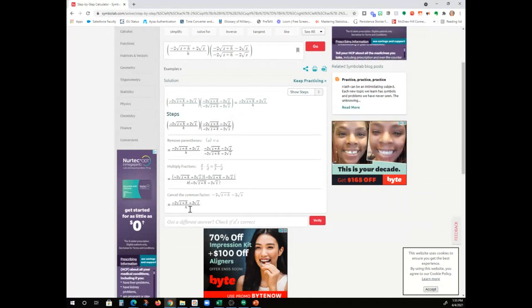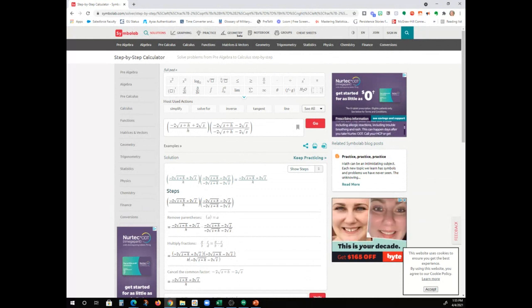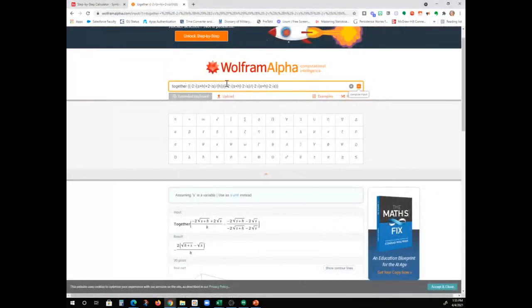That's why it's giving us back the same thing we started with on the left. I'm like, that is not right. I know that's not right. I don't know why it is doing that. It shouldn't be trying to cancel that. It should be rationalizing the numerator. This is weird because I did this before and it didn't.